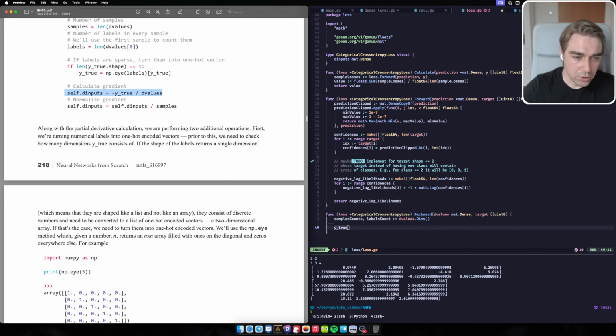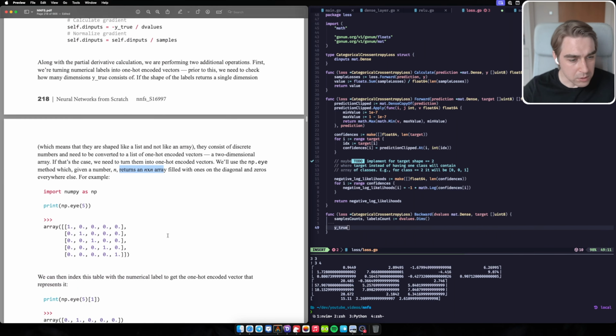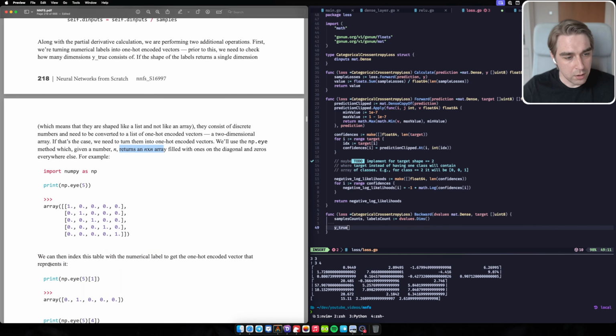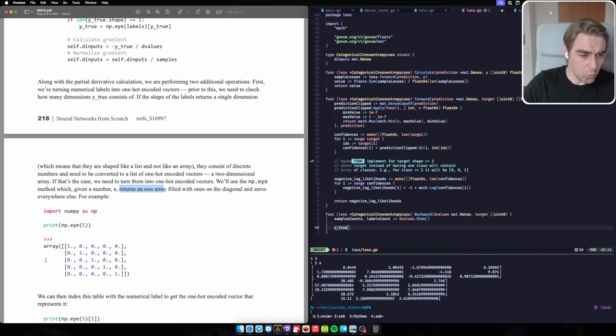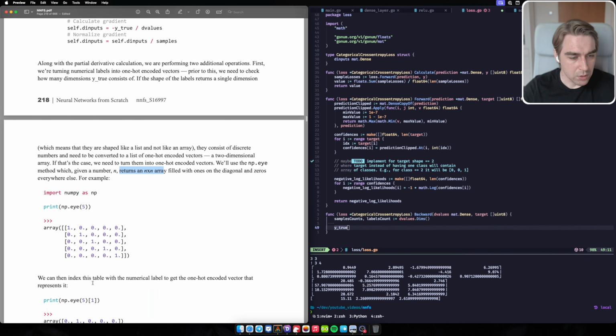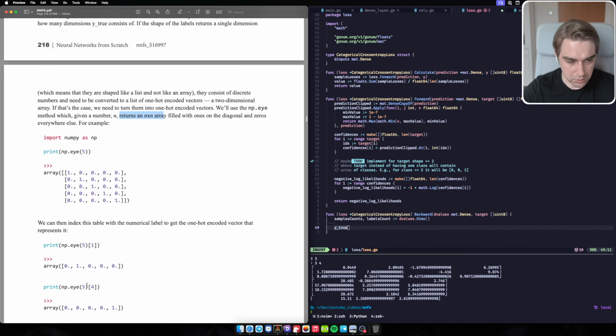We'll use the numpy I method, which, given a number n, returns a square matrix filled with ones on the diagonal and zeros elsewhere. We can then index this table with the numerical label to get the one-hot encoded vector that represents it.